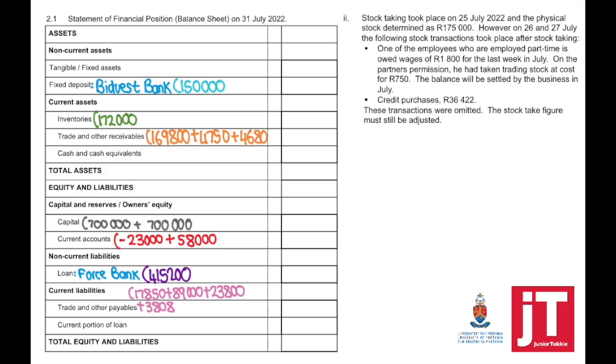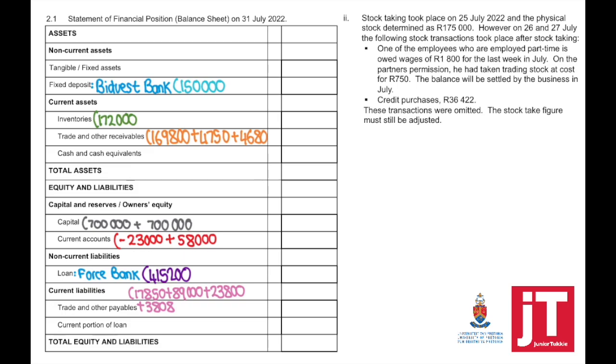Number 2, stock taking took place on 25th July 2022 and the physical stock determined as 175,000. However, on 26 and 27 July, the following stock transactions took place after stock taking. One of the employees who are employed part-time is owed wages of 1,800 for the last week in July.